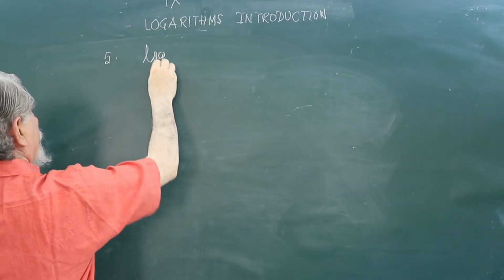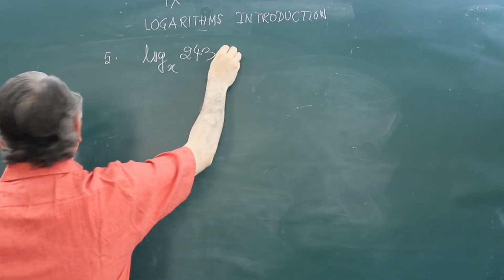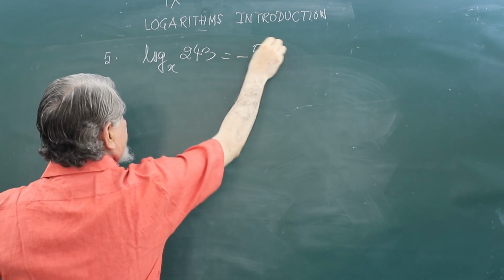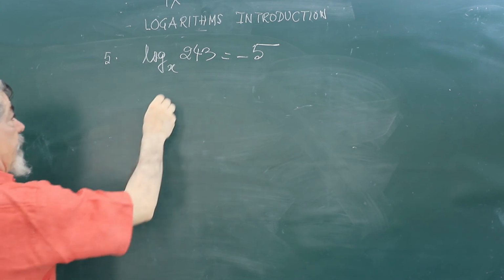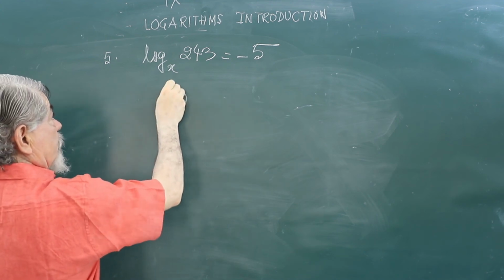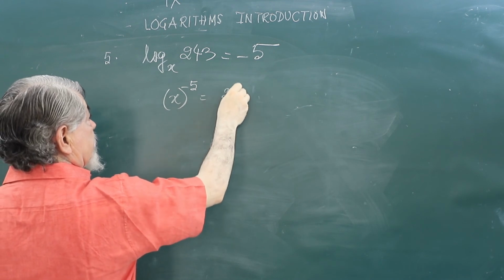Log 243 to the base x is equal to minus 5. So x to the power minus 5 is 243.